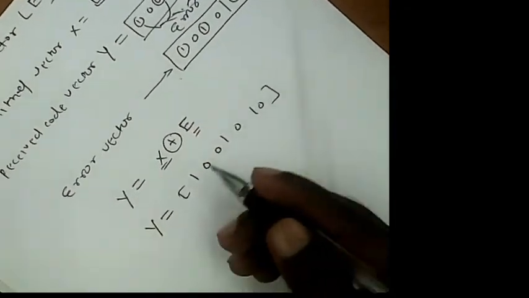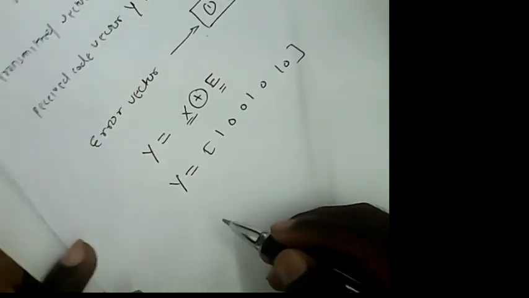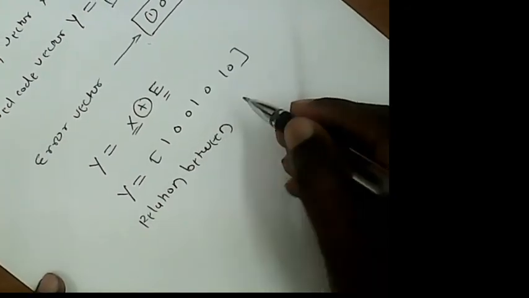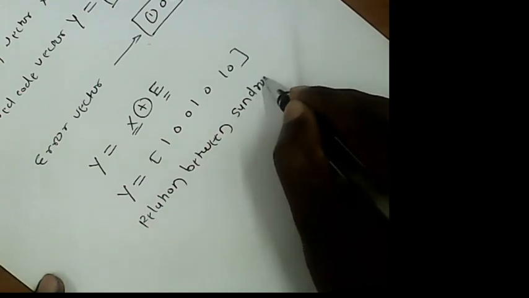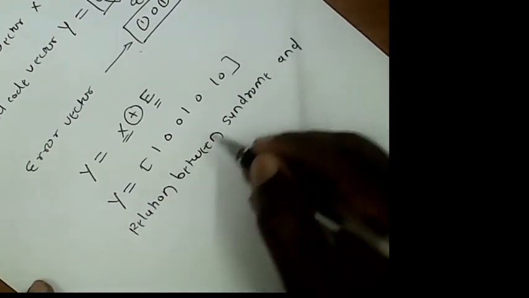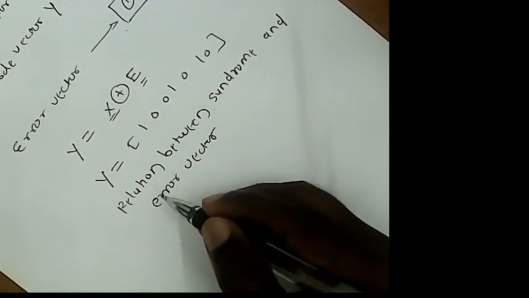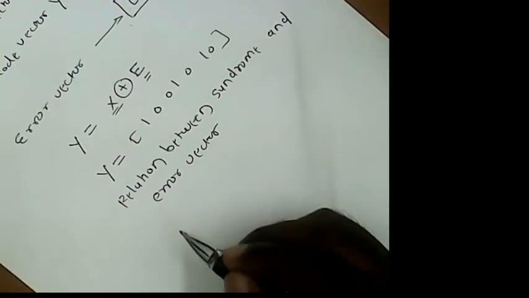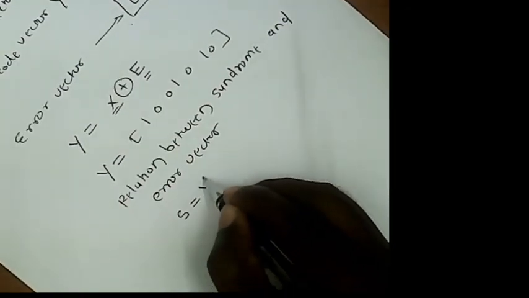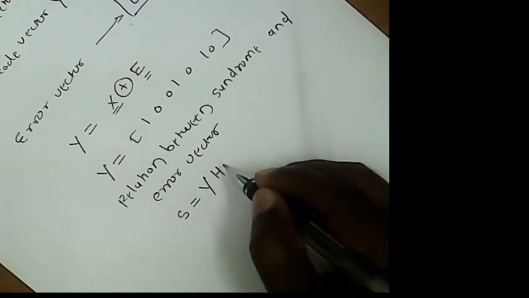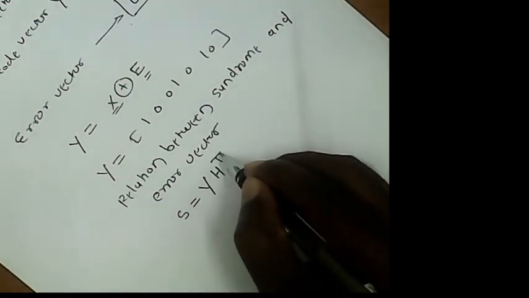Okay. This is just an example. So what is the relation between the syndrome and the error vector? We know that the syndrome is the product of the received code word and the transpose of the parity check matrix, which is already defined in these equations.